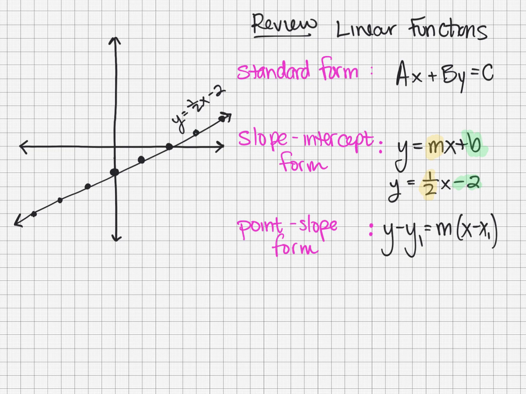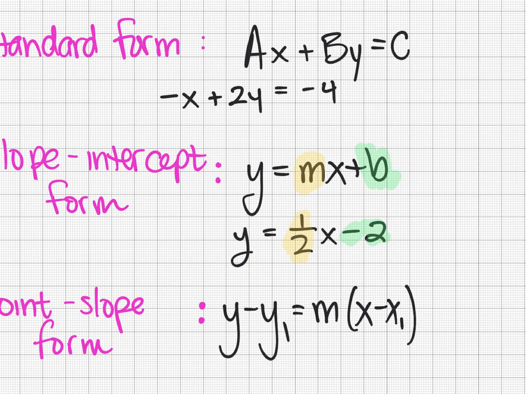In standard form, we would have to actually do some work to get to that equation. So in standard form, this equation would look like -x plus 2y equals -4. And then for this, we would have to solve this equation so that it said y equals.